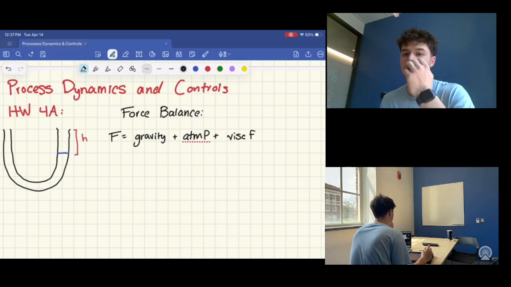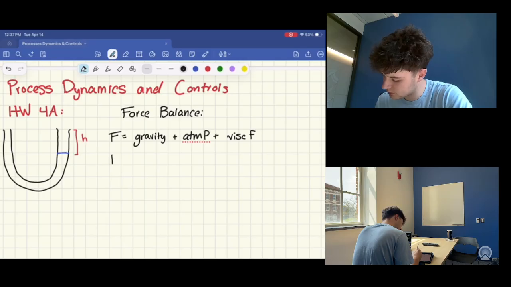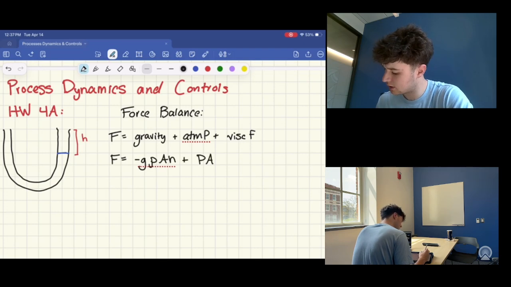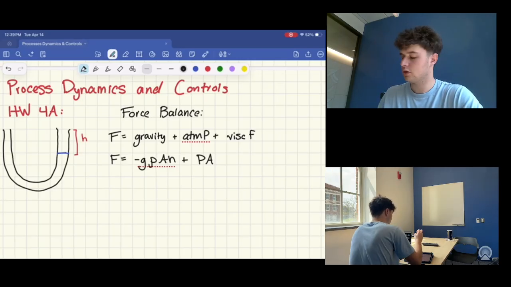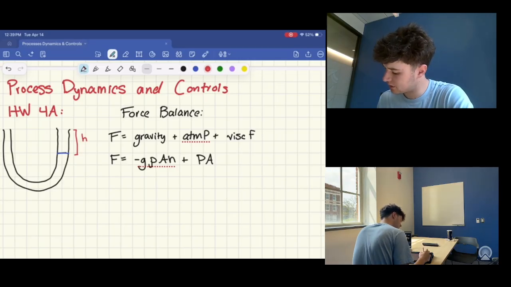Once we put those in actual variable terms, you get force equals negative gravity times density times area times height plus pressure atmosphere.